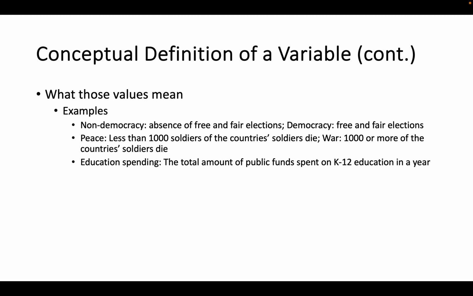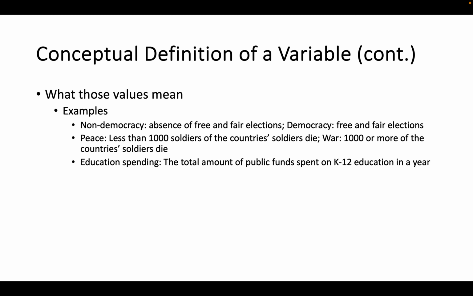These values have to have meaning, though. So a non-democracy, as I suggested earlier, would be absence of free and fair elections. Democracy would have free and fair elections. So that could be a real dividing point in terms of assessing whether or not countries are democratic. According to the Correlates of War project by Singer and Small, peace occurs when fewer than 1,000 of the country's soldiers or military die.